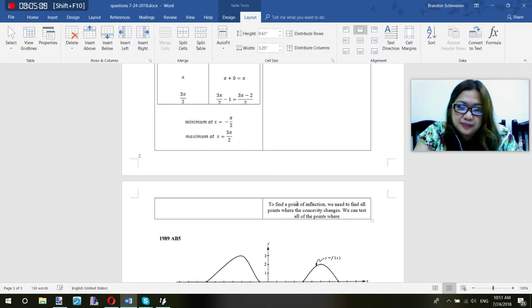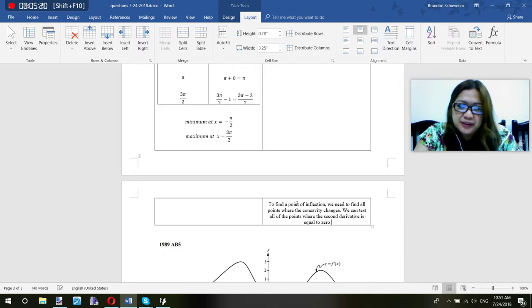Okay, so this is what you were saying. We can test all the points where the second derivative is equal to what? Equal to 0, and then find the point of inflection. Is there any other way that we could change concavity?